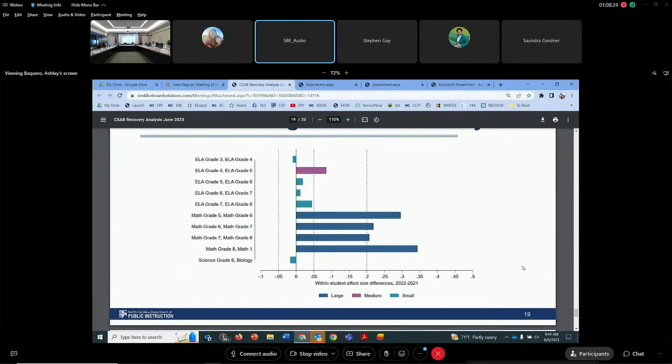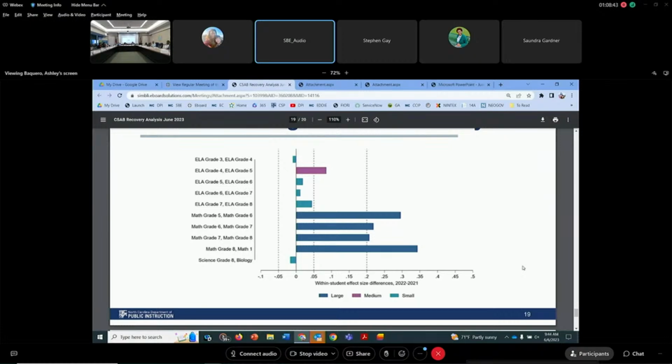Then if you go down, with one exception at the bottom, the story is the same. Basically, what that tells us is that students themselves are getting closer to their projected scores in their subjects as they move along.